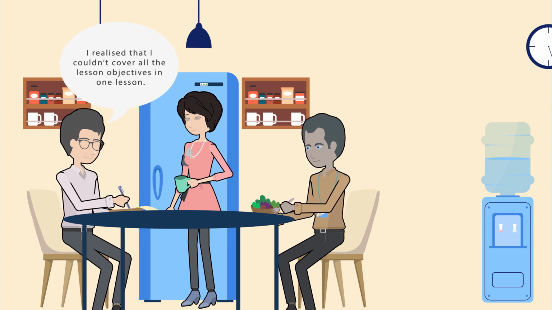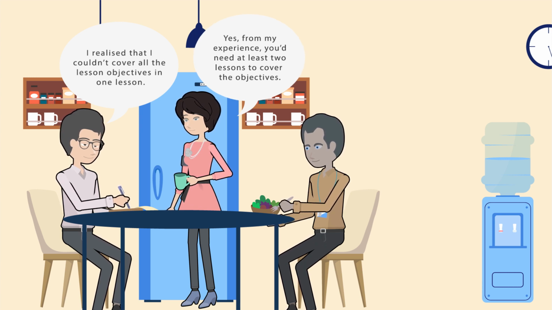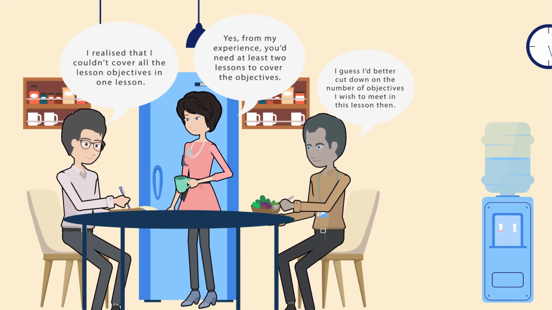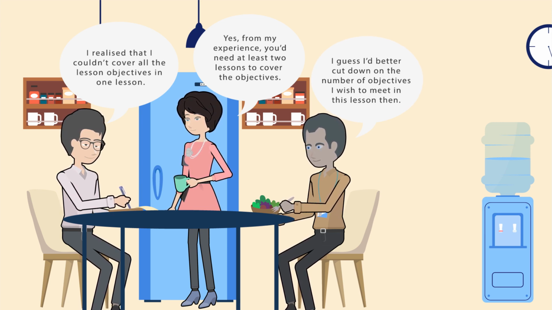I realized that I couldn't cover all the lesson objectives in one lesson. Yes, from my experience, you would need at least 2 lessons to cover the objectives. I guess I better cut down on the number of objectives I wish to meet in this lesson then.